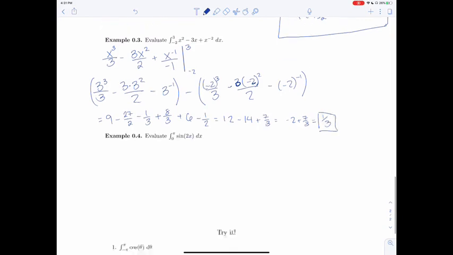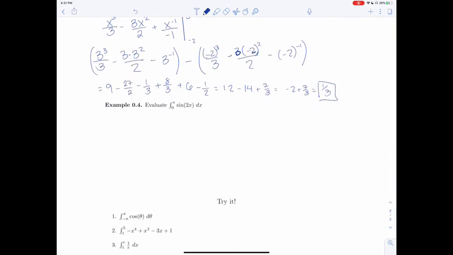Let's try another example. Let's evaluate the integral from 0 to pi of sine of 2x. Well, an antiderivative of sine of 2x is negative cosine of 2x over 2. And we'll be evaluating this from 0 to pi.